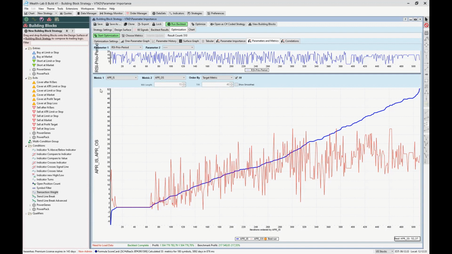But I don't think that we really would make this high profit with this simple strategy. I think that's not realistic, because it's over-optimization.